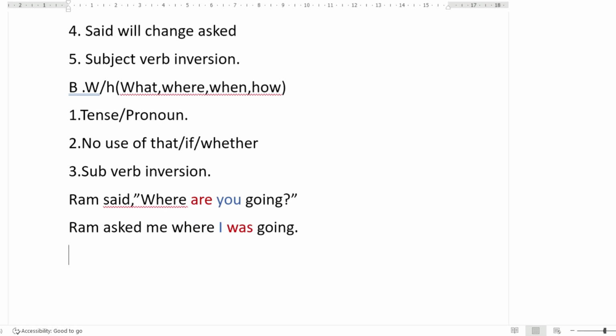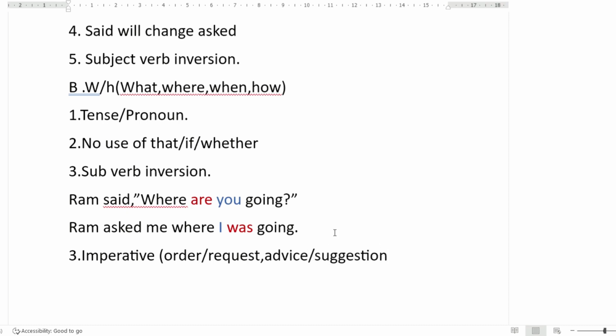Now, let's take up the third type of sentence, that is an imperative sentence. By imperative sentence, I mean an order, request, advice, or suggestion.